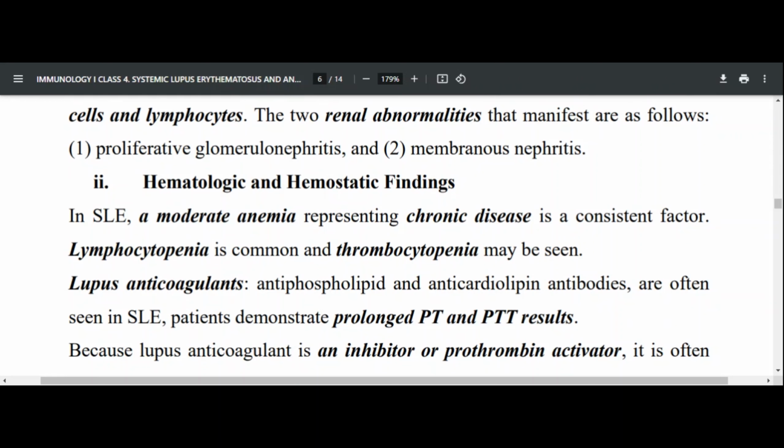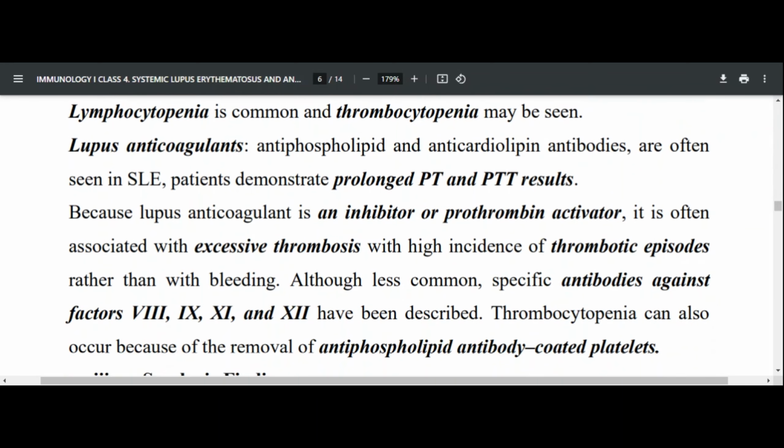So because lupus anticoagulant is an inhibitor or activator of prothrombin, it is found in many problems. For example, lupus anticoagulant is not only a problem in bleeding, but it is also a problem in the formation of thrombi, right?